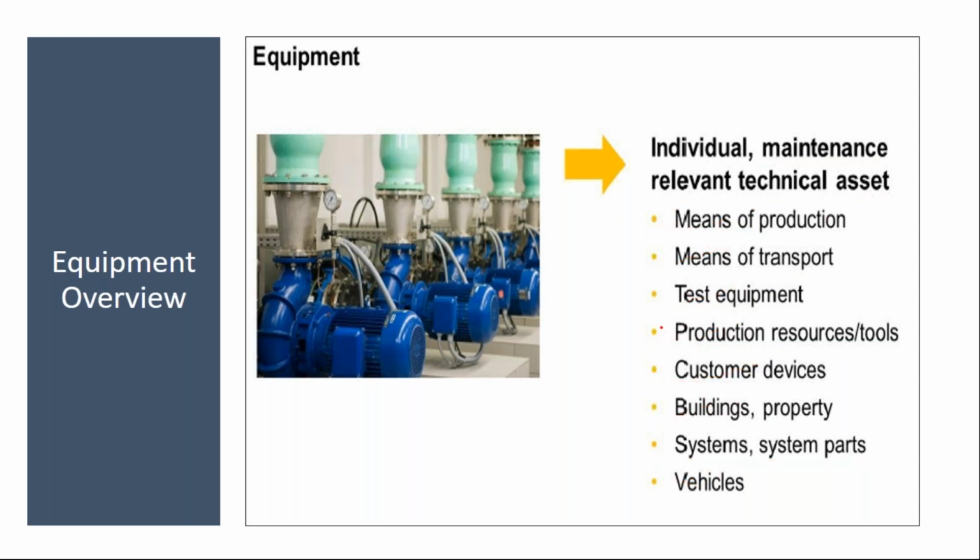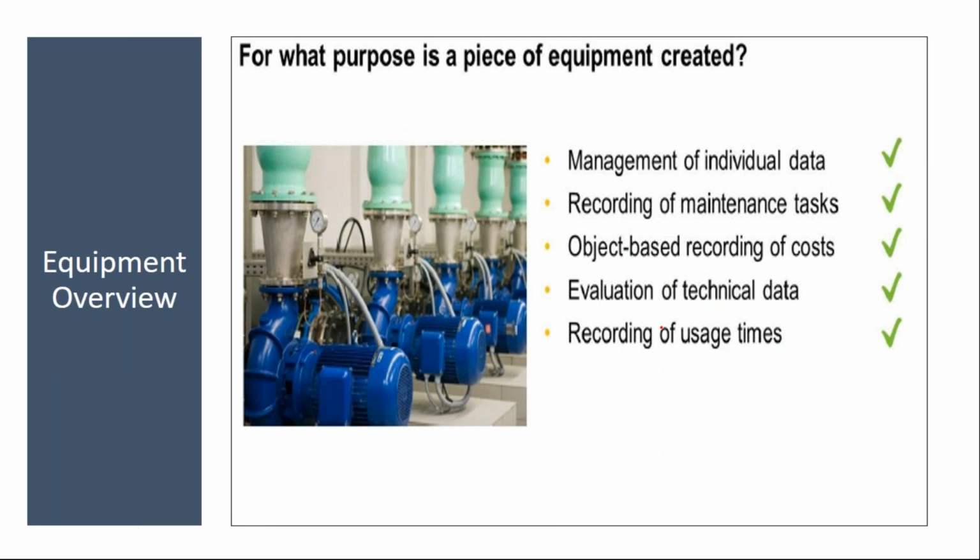So why do we need to create the equipment? For what purpose is a piece of equipment created? One is management of the individual data. If you create equipment, you can maintain data about that particular equipment, like who is the manufacturer, what is the weight of this equipment, when it was purchased, what is the installation date.